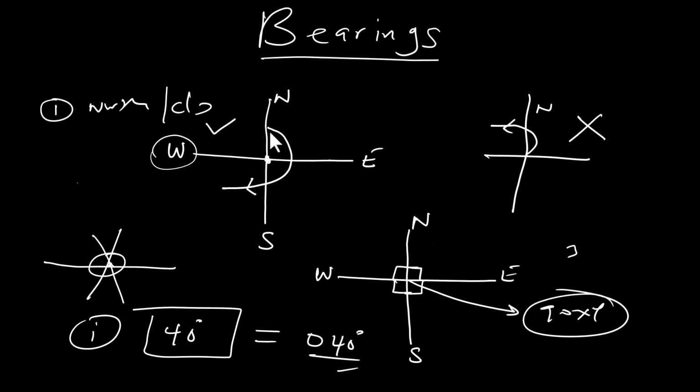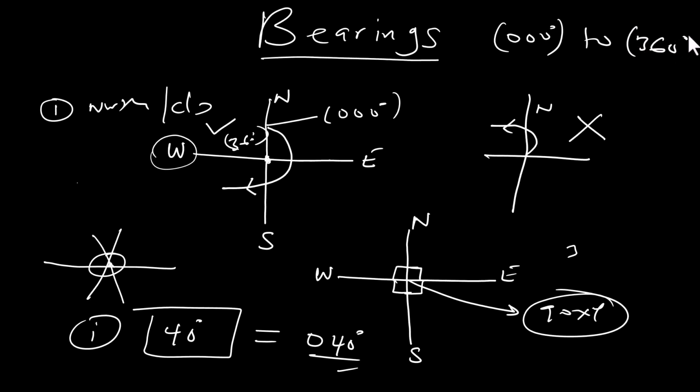It means that we measure from north, 000, to 360 degrees. So that is the intro about the bearings. We are going to look at the examples one by one.